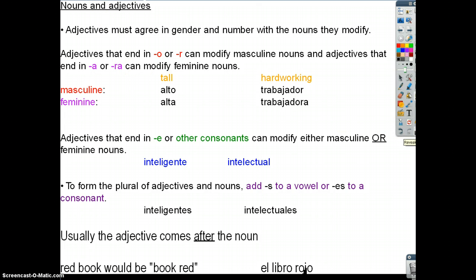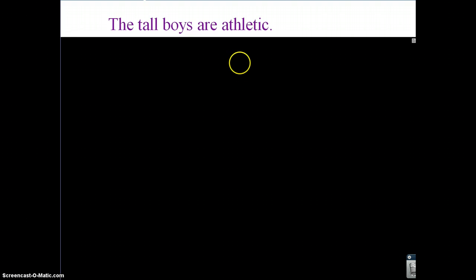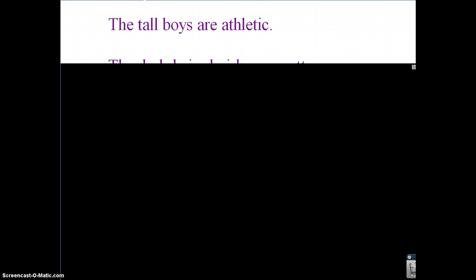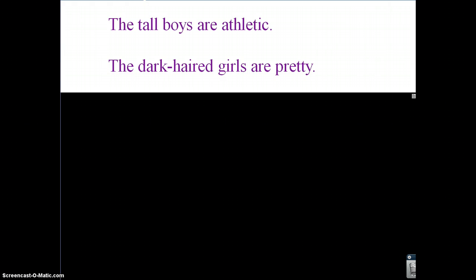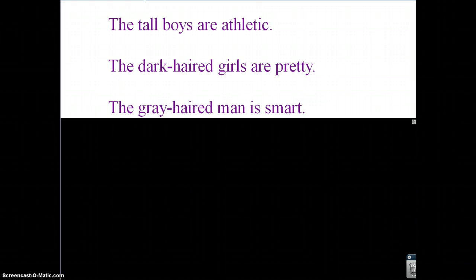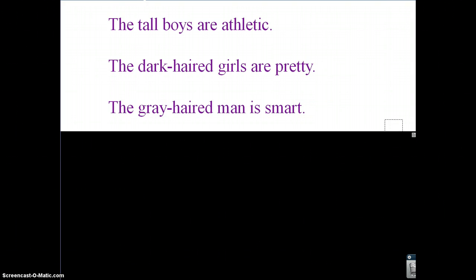Okay, one more thing to finish your notes. We are going to write down some example sentences in English, and in class, we will write down the correct way to say them in Spanish. So please write down each of these sentences in English, skip 2 blank lines after each one to leave room for us to write down the Spanish translation and 1 blank line before the next one.